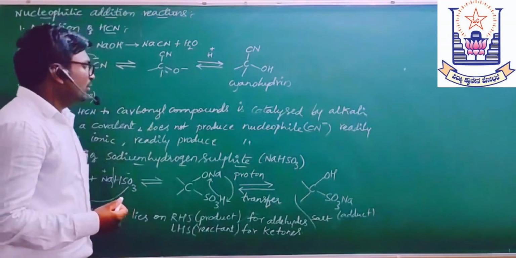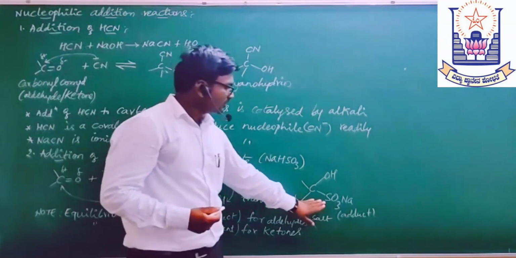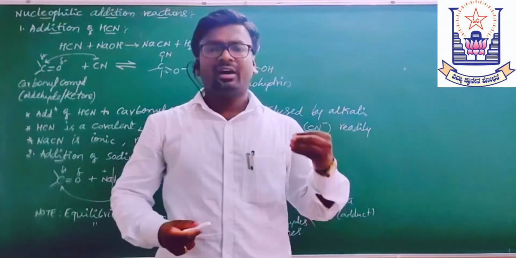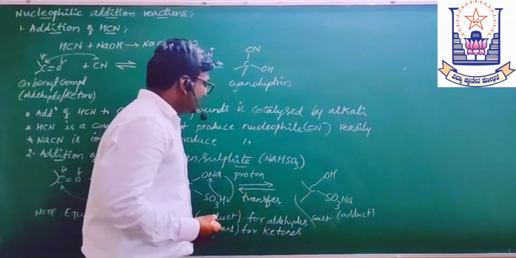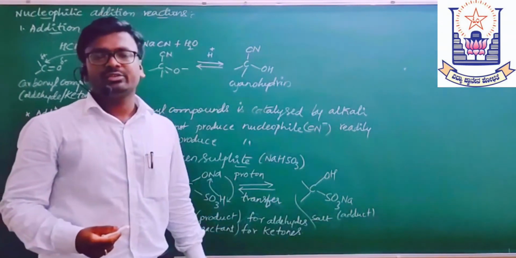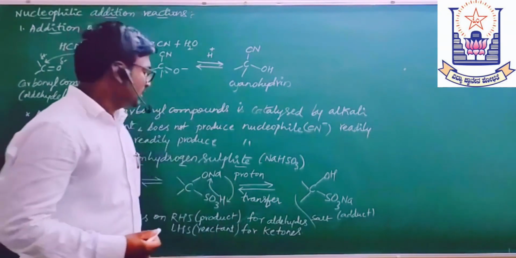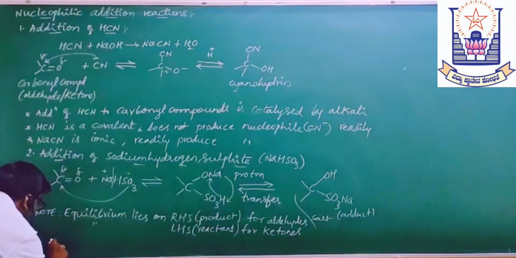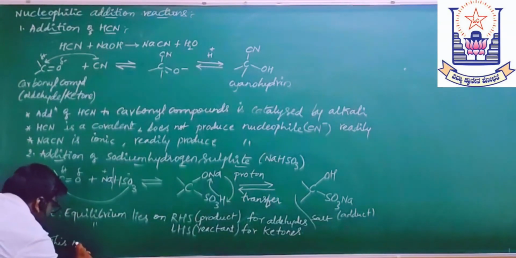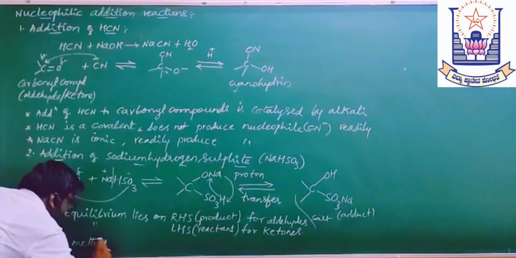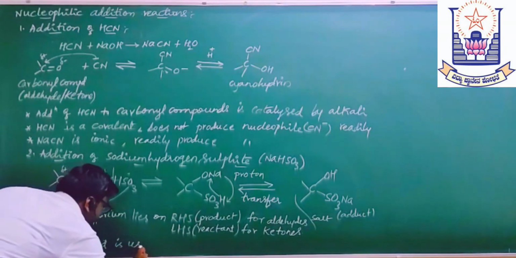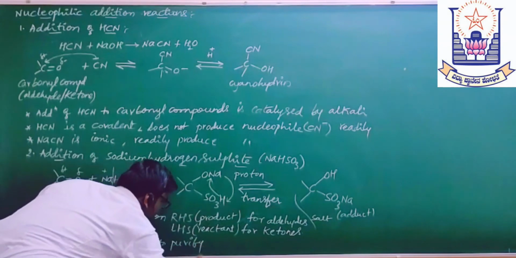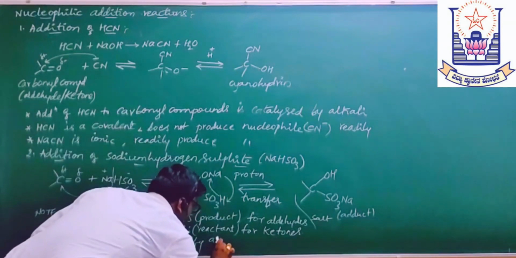Okay. And when this compound is again treated with a small amount of alkali or acid, it gives back the original reactant. So this method is used to purify aldehydes.